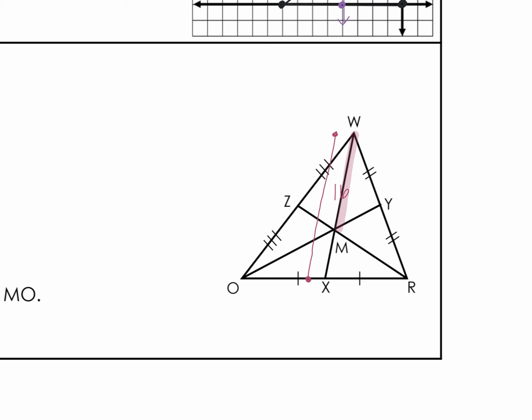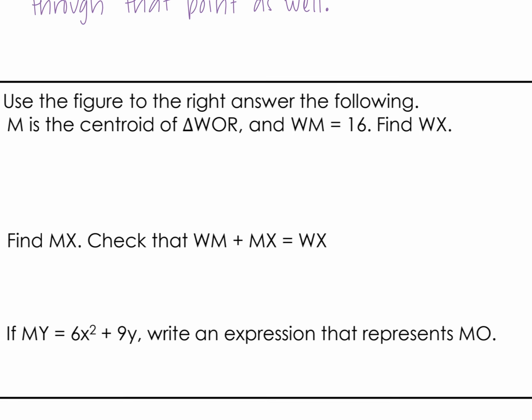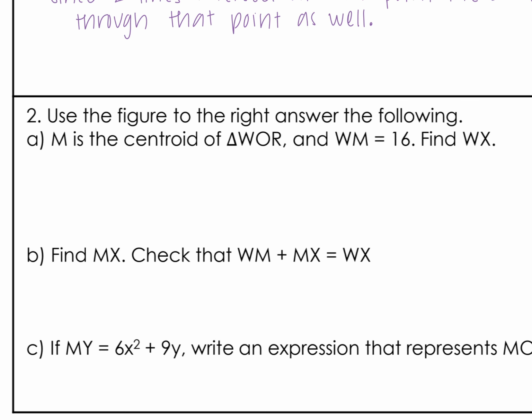So I'm going to use that setup to kind of solve. So I'm going to come over here, and I can say that my WM is going to be 2/3 of the entire line WX. Well, plugging in what we know, WM is 16.